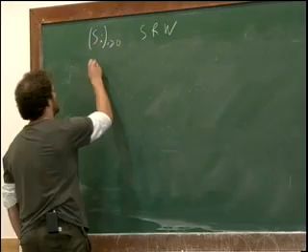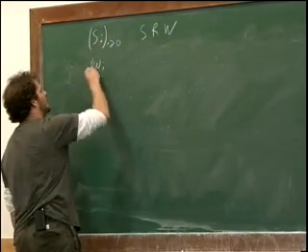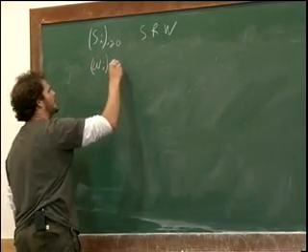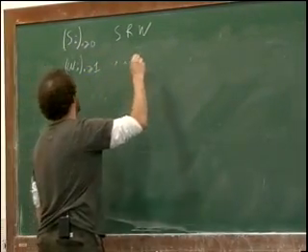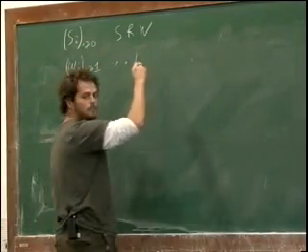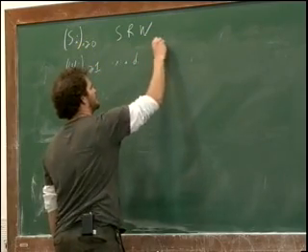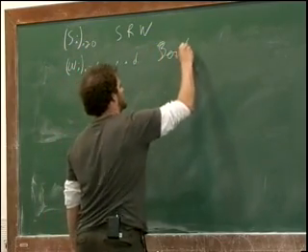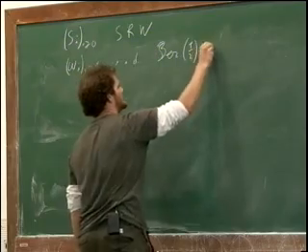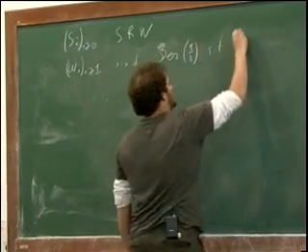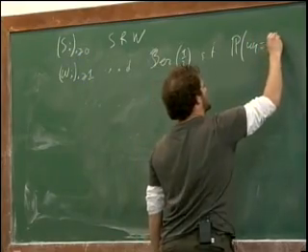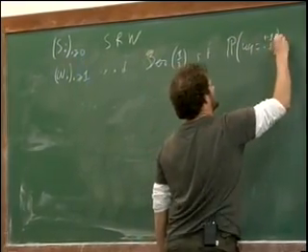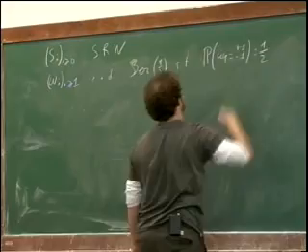This is encoded by the IID sequence omega i, which are Bernoulli trials of parameter 1/2, such that P(omega 1 = +1) = P(omega 1 = -1) = 1/2.